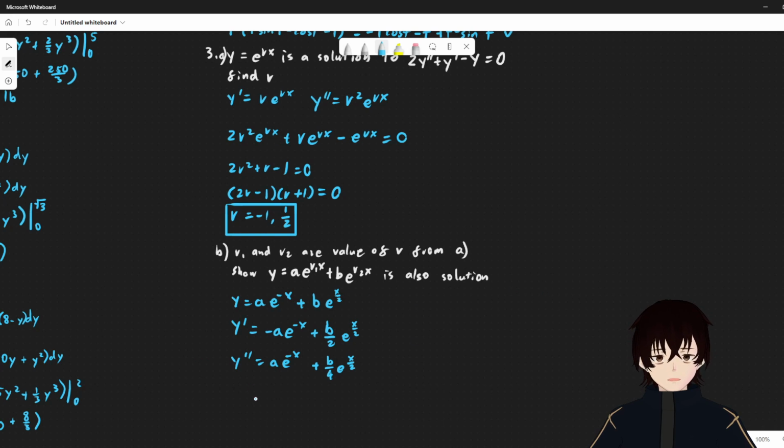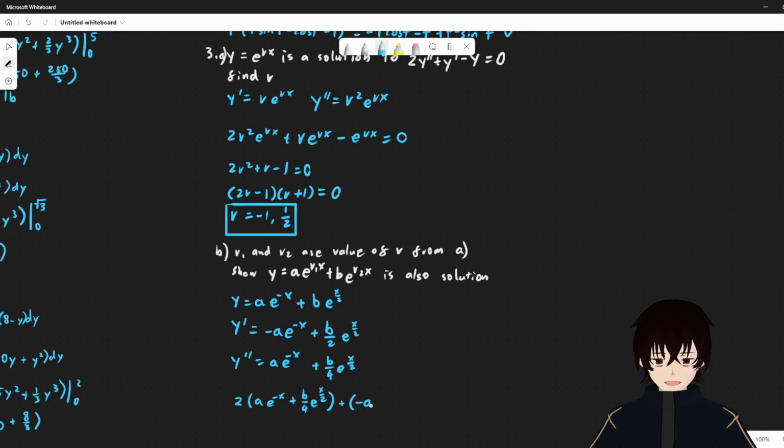So if we plug that in, 2 times a e to the power of -x plus b over 4 e to the power of x over 2. What is it? Plus, or rather minus a. Actually, no. Plus for now.